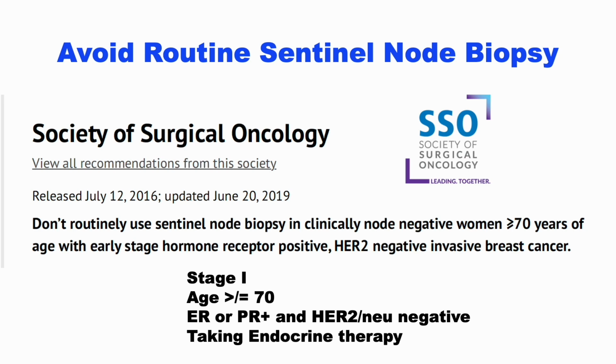Now, the exception to this recommendation includes elderly patients with high-grade tumors, high-risk genomic recurrence scores, or low levels of estrogen receptor and/or progesterone receptor expression for whom the risk of lymph node involvement is higher.